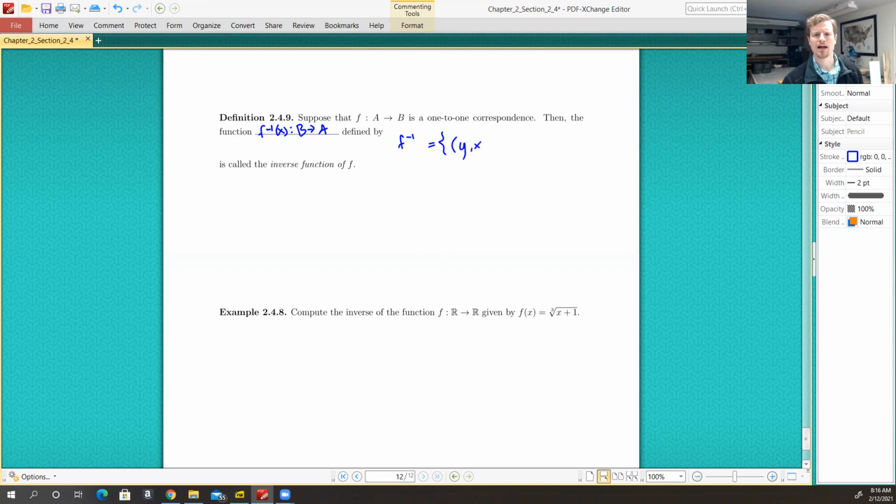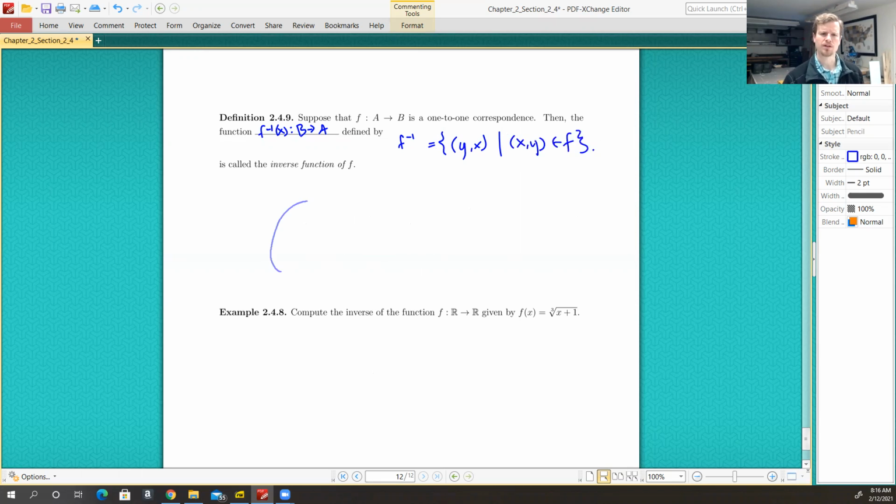So (y, x) is in the inverse whenever we have that (x, y) belongs to the original function. Again, this is the inverse function of f.